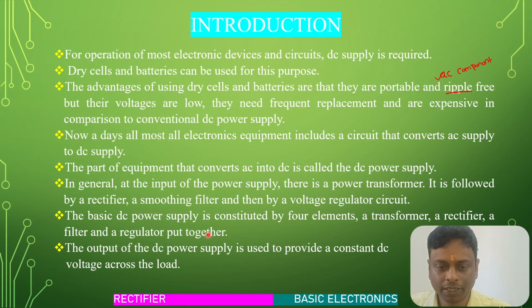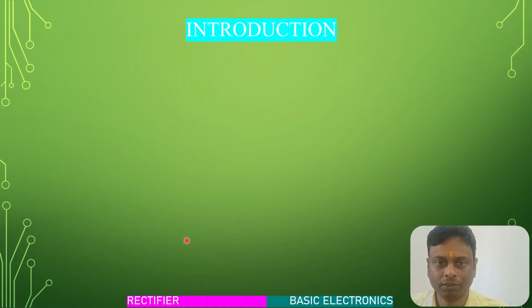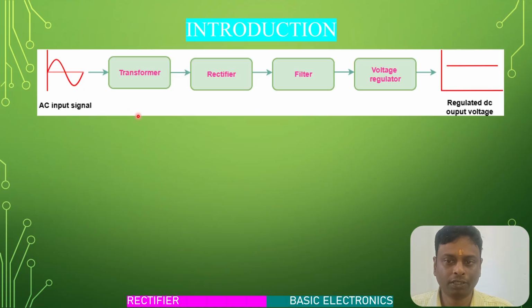The output of a DC power supply provides the constant DC across the load. Let us see what the circuit looks like. This is the circuit that converts from AC to DC.